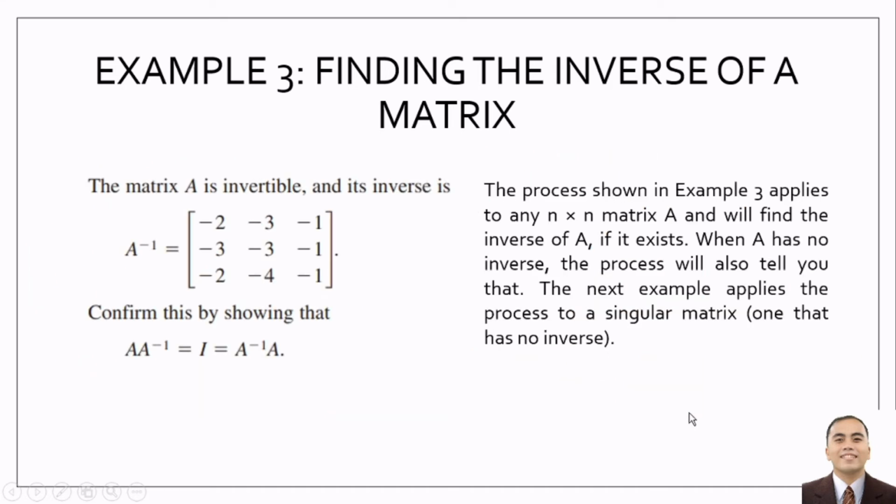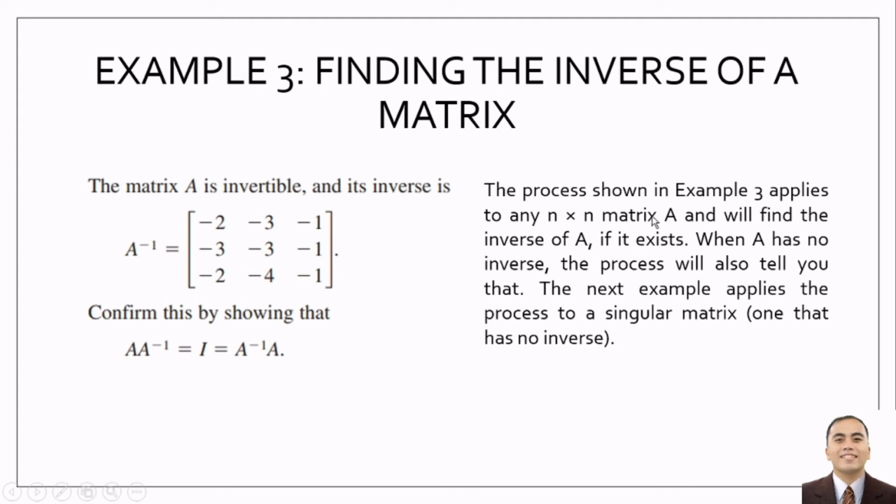So therefore, the matrix A is invertible, and its inverse, A raised to negative 1, is equal to negative 2, negative 3, negative 1, negative 3, negative 3, negative 1, negative 2, negative 4, and negative 1.